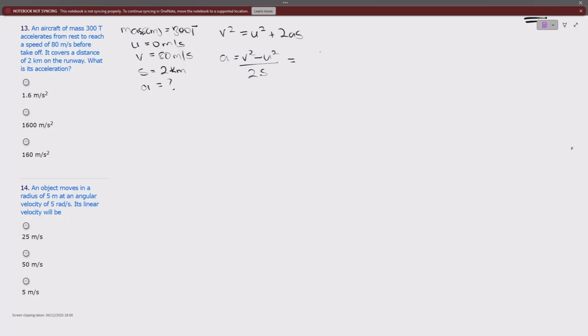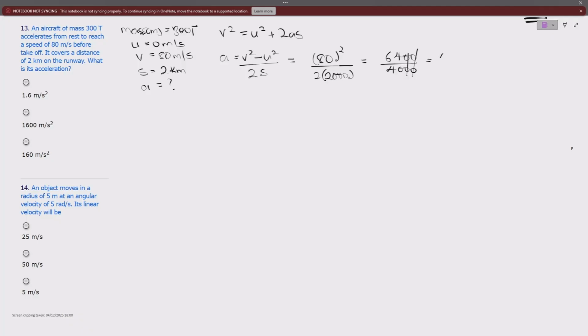That is going to give you v squared is 80 squared divided by 2 times 2 kilometers, which is 2,000 meters. That's going to give you 6,400 all over 4,000. These two zeros will go.